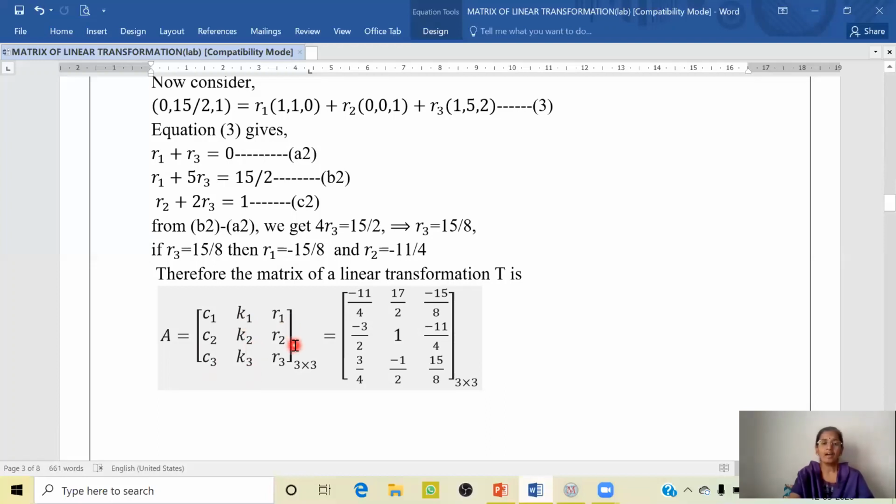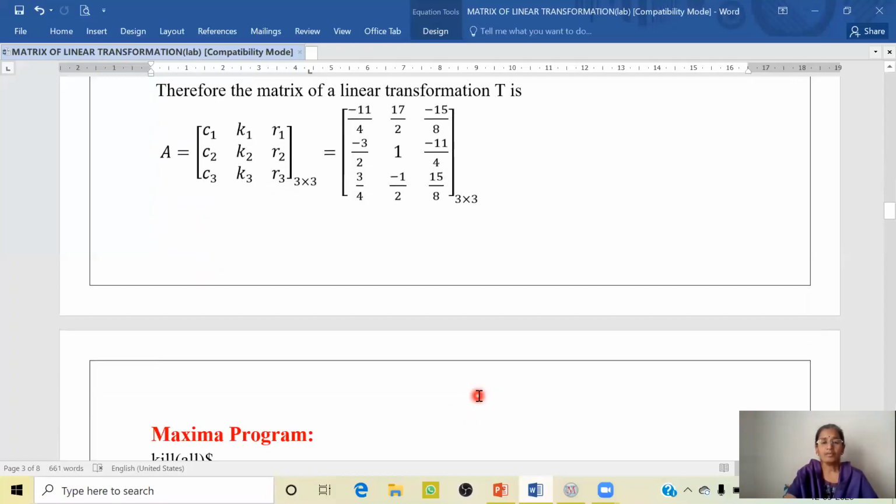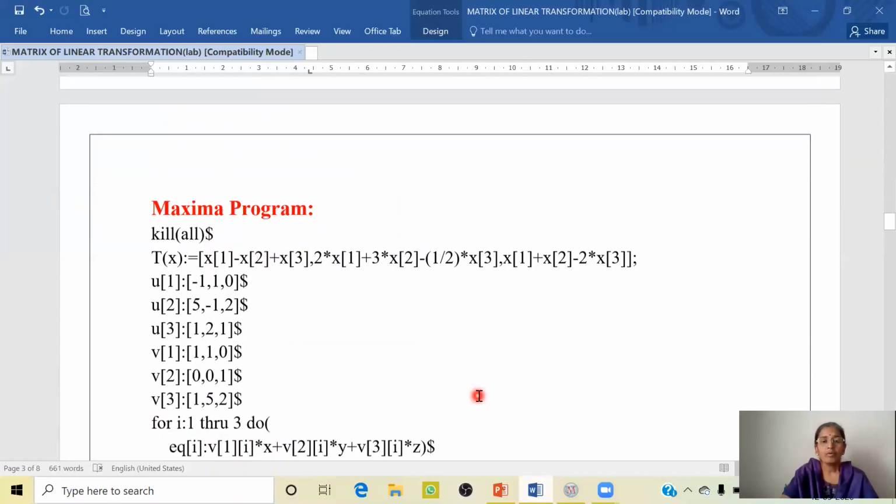Substituting the values, we obtain a 3 cross 3 matrix because the linear transformation is from 3 dimension to 3 dimension. Now let us see how to execute this in Maxima code.